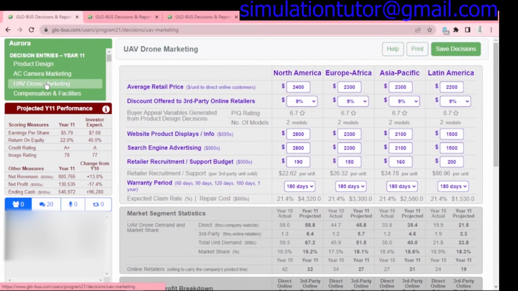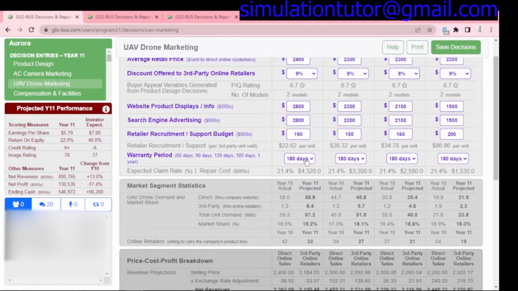So let's move to our next page, the UAV drone marketing page. For the UAV drone marketing page, I think we'll still run the warranty period at almost 180 days. I don't think we'll change that, but I'll have to increase the retailer recruitment budget, because I always want to spend almost about $100 for every third-party unit spent.